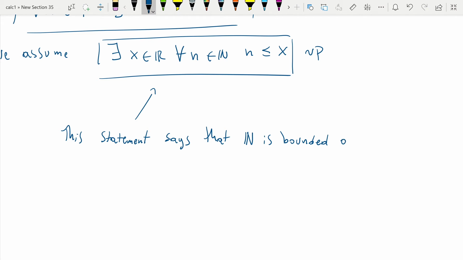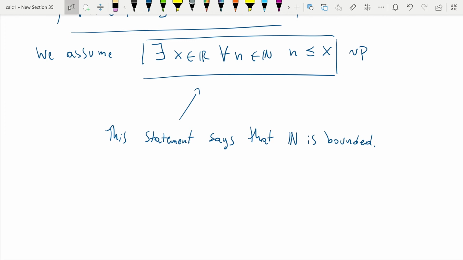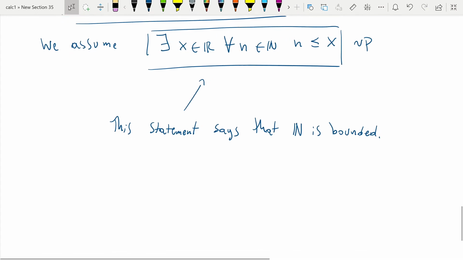I don't want to confuse you, but this is actually telling you that x here is an upper bound for the natural numbers. There is an x, so x now is just one fixed number that you know exists. You know there is one number x in R such that no matter what n you pick, n is going to be below x, smaller than or equal to x. So this statement, as we said, says that N is bounded.